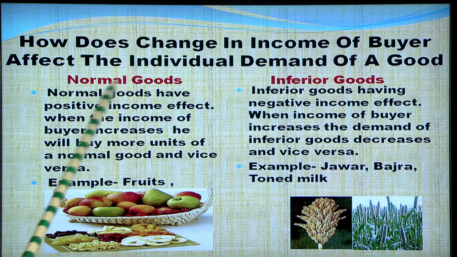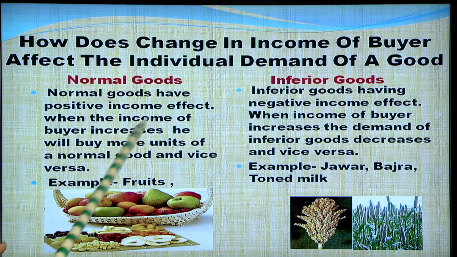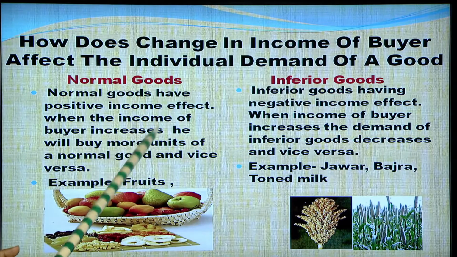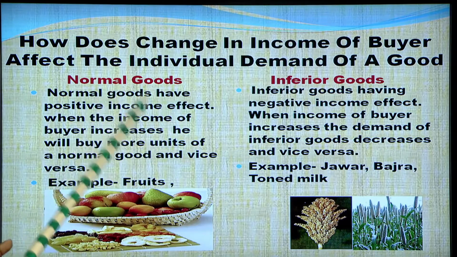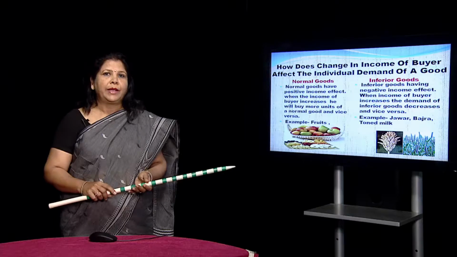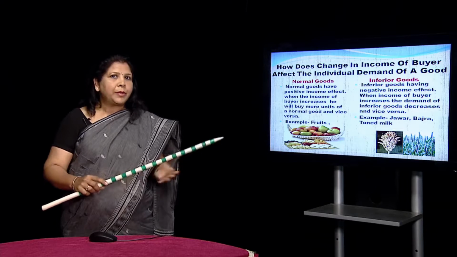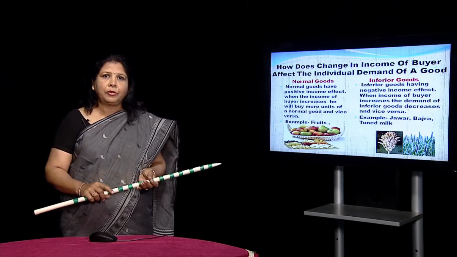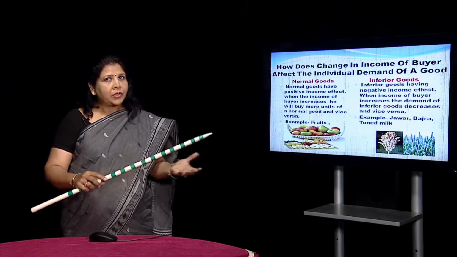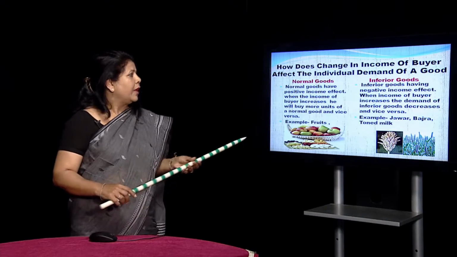We can see that a normal good has a positive income effect. That is, when the income of a buyer increases, the buyer will buy more units of a normal good and vice versa. Examples of normal goods are fruits, vegetables, sweets, etc.